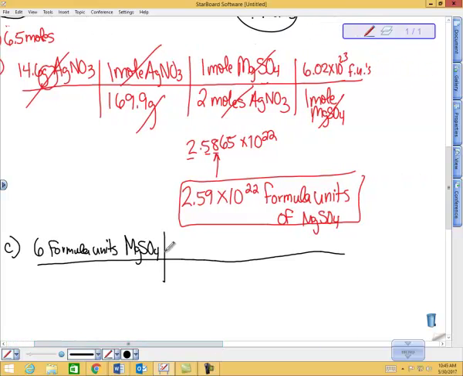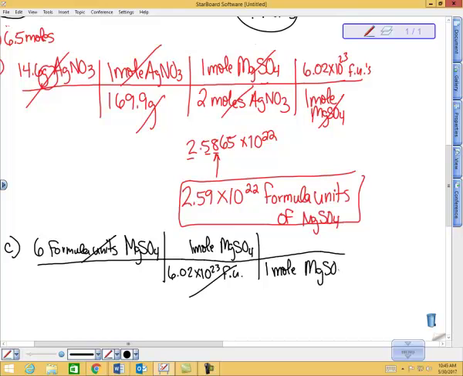Since you have formula units, there's 6.02 times 10 to the 23rd formula units in 1 mole of magnesium sulfate. Now you would look at the balanced reaction between magnesium sulfate and silver sulfate, and it's a 1-to-1. So for every 1 mole of MgSO4, there will be 1 mole of Ag2SO4.